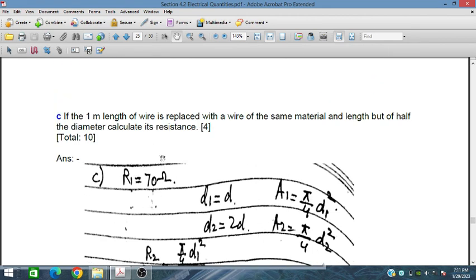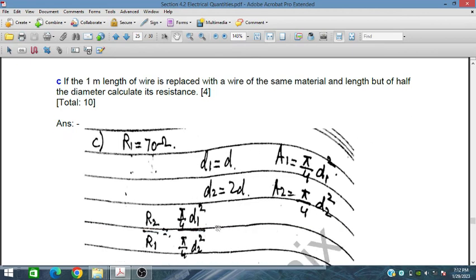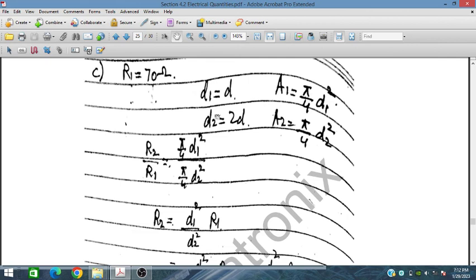So if we increase the cross-sectional area double, then its resistance will decrease 4 times. If we reduce the diameter to half, then its resistance will increase 4 times.